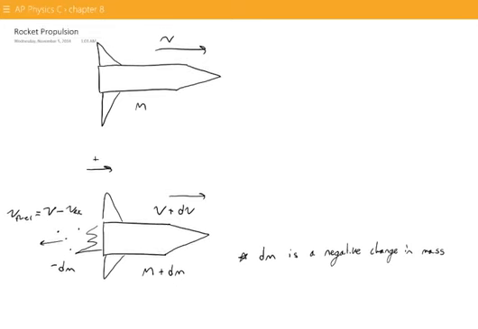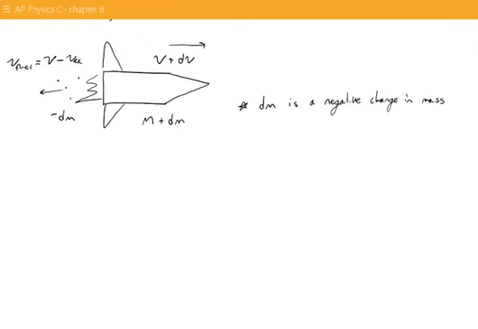So if the before and after take place in an isolated system, like we said, the momentum would be conserved. And so we have an expression: the momentum initial is equal to the momentum final. The momentum initial was mass times velocity of the rocket.